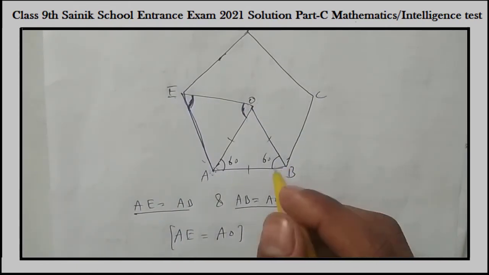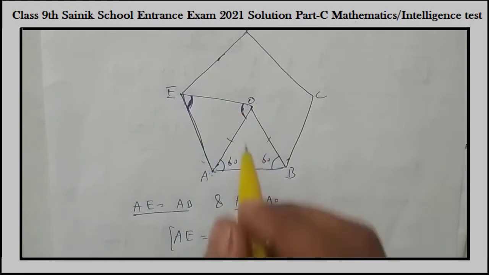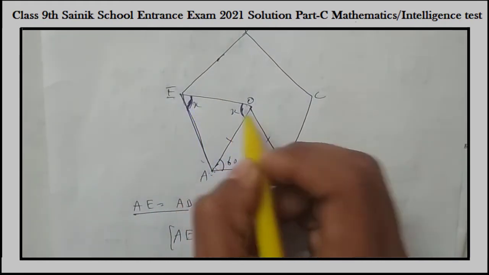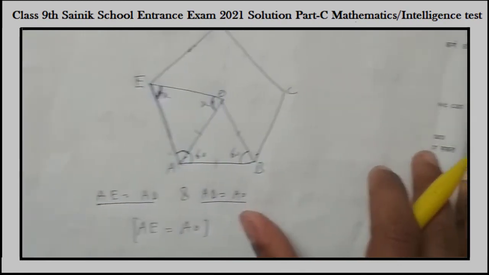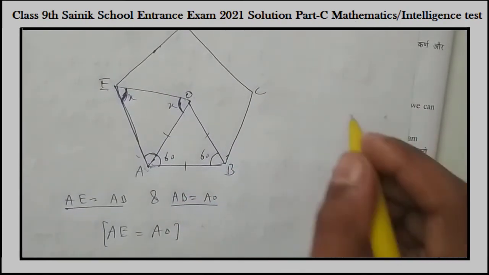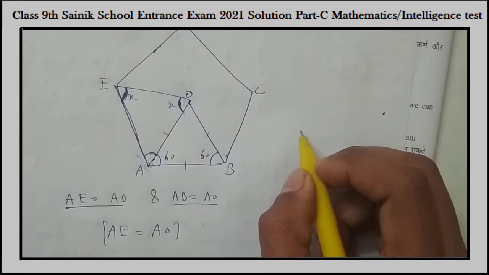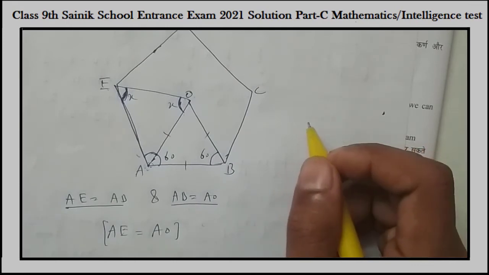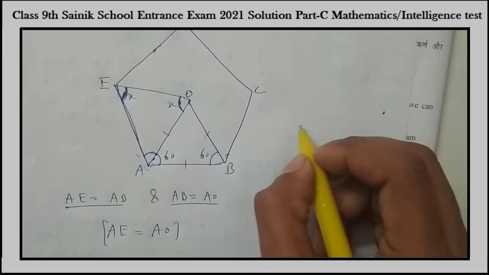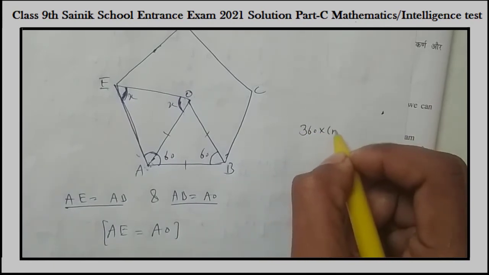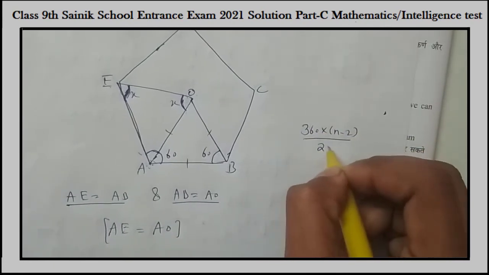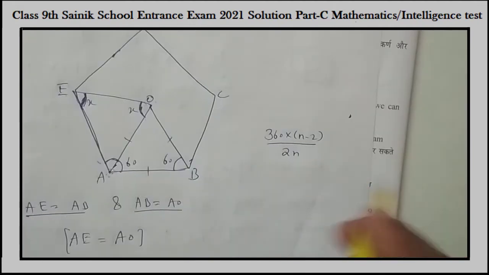So how can we find these two angles? Let us suppose this angle is X, this angle is X. And what is this angle? Let us find over here. We know that the formula for finding an interior angle of any polygon is 360 multiplied by n minus 2 divided by 2n. N is the number of sides.